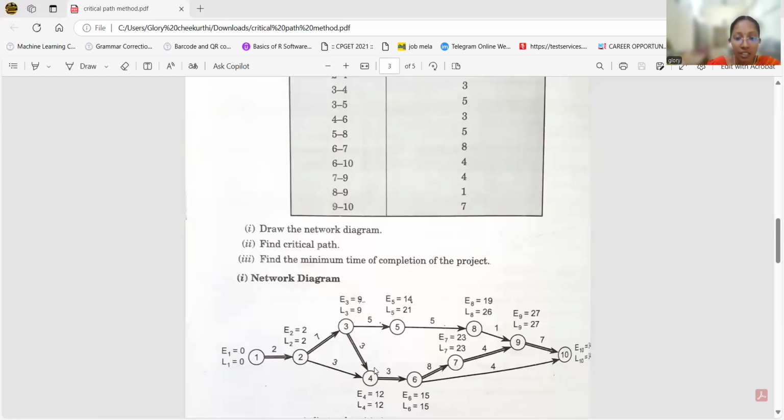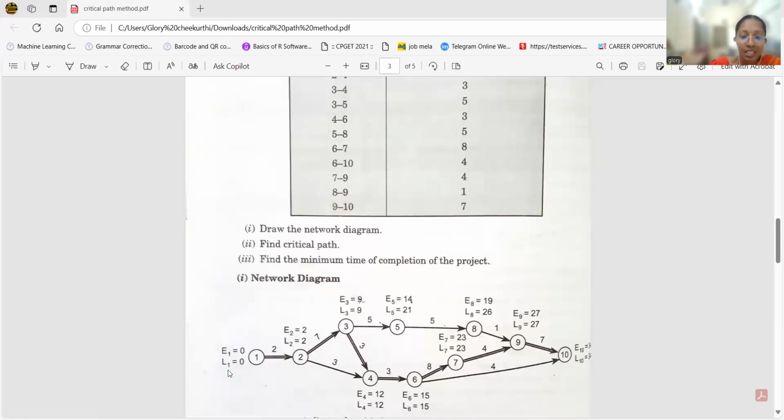And L3 means 12 minus 3, 9. Next, L2. L2 we have to check 9 minus 7, 2. 12 minus 3 is 9. When compared to these two numbers, we have to check the least value. That's why we have to take 9 minus 7 equal to 2. Next, 2 minus 2 is 0.